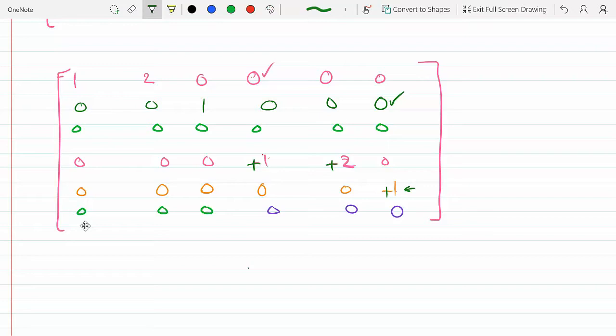Does this qualify to be my reduced form? Yes, because it conforms to the criteria of a reduced row echelon form.